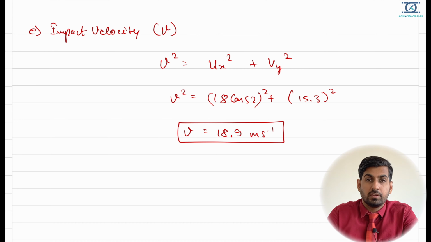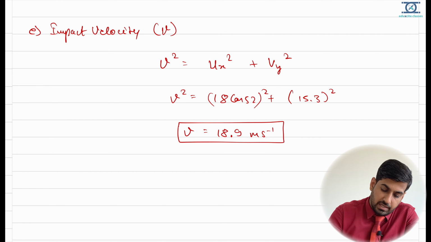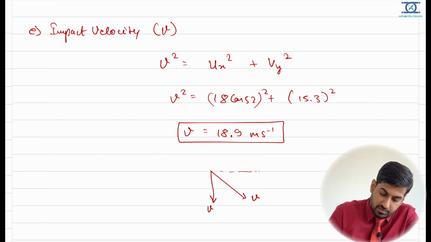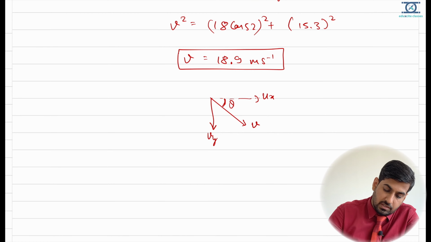Now this is only the magnitude. If you look at the diagram, it is hitting like this, right? So this will be v, this will be vy, and this is your ux. So I can find out this theta. This will make a right angle triangle, right? So I can write tan theta as vy over ux.